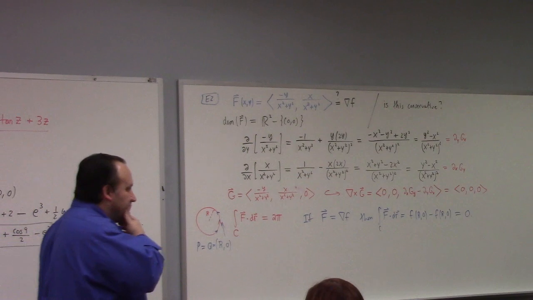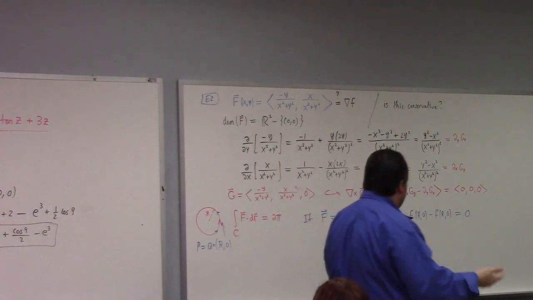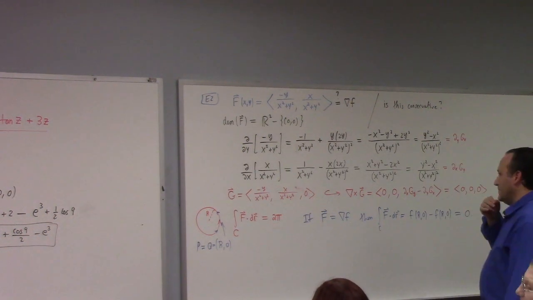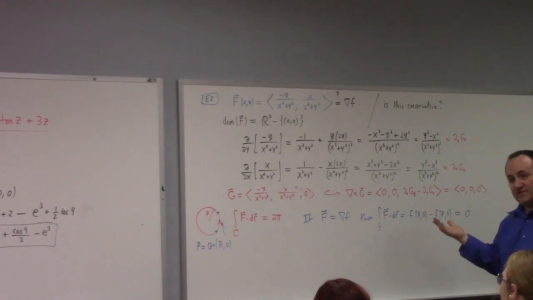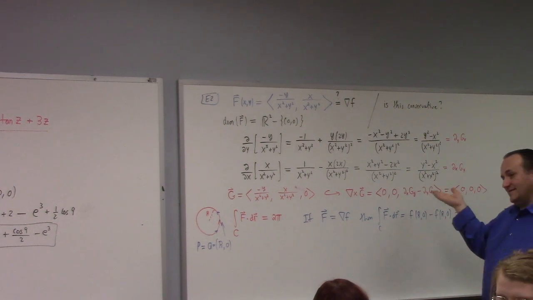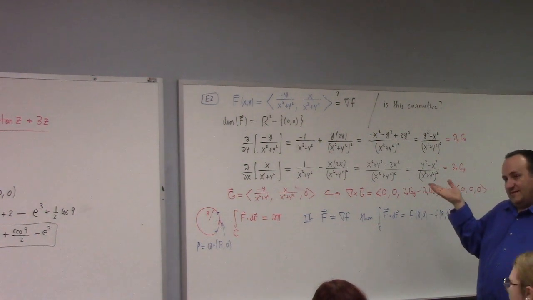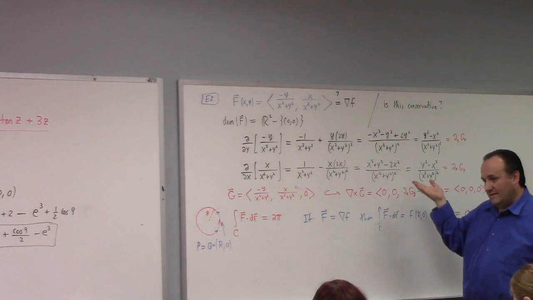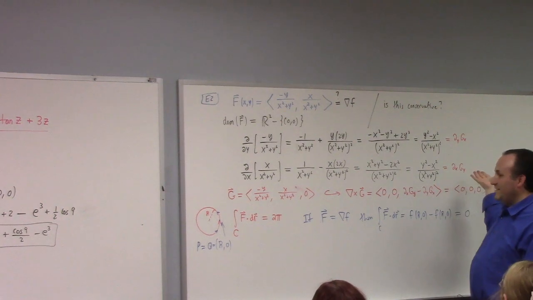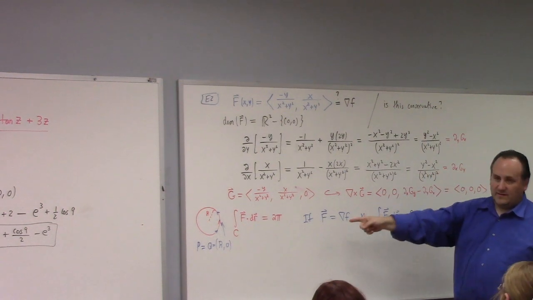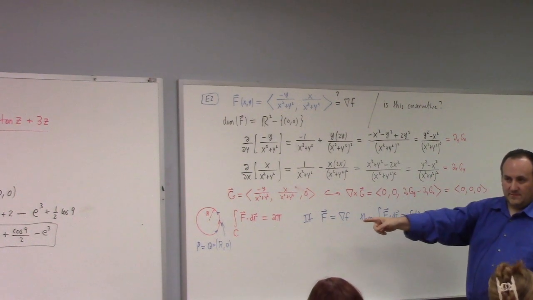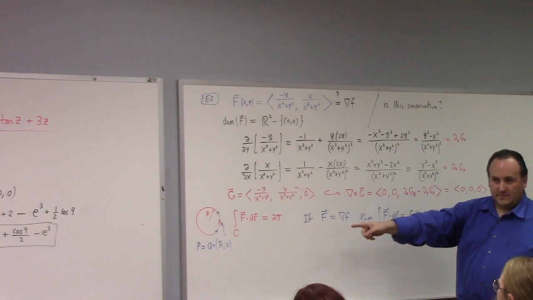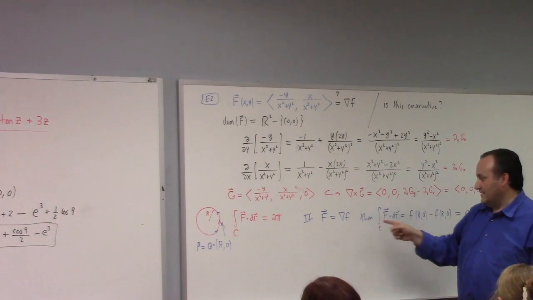So then what can we discern from this? This is kind of disconcerting, right? Our handy-dandy is-it-conservative check didn't say no. It said, maybe. But we did this integral yesterday, and we found 2 pi there, which says no, it's not conservative.